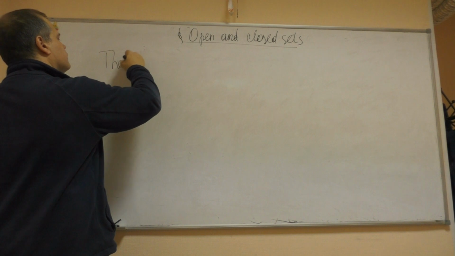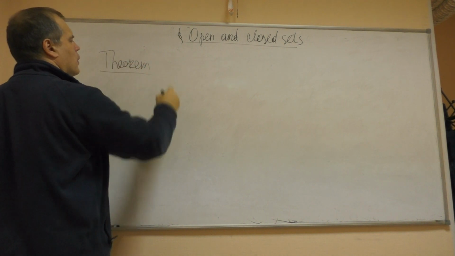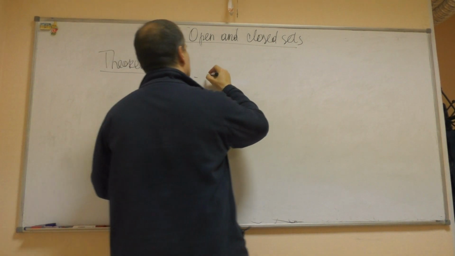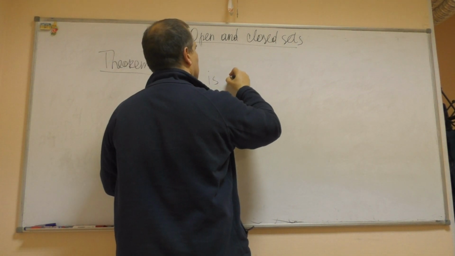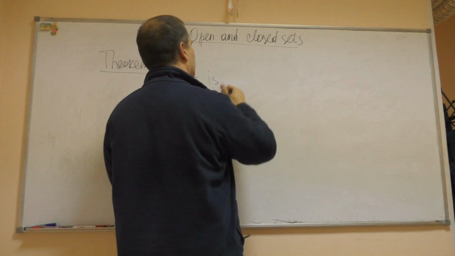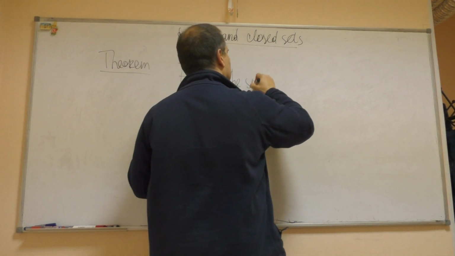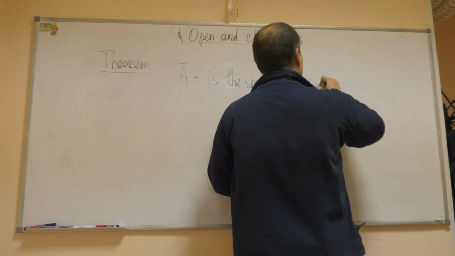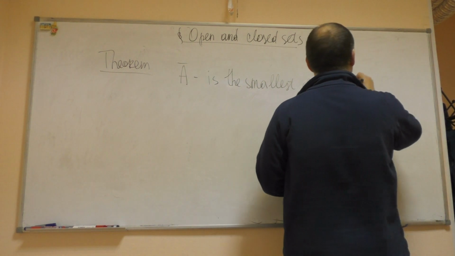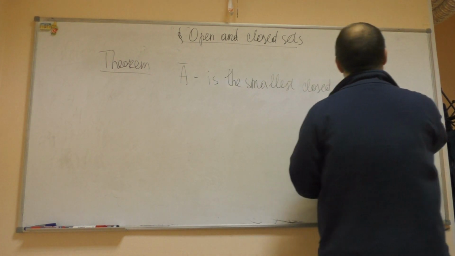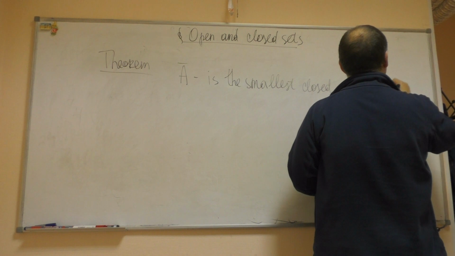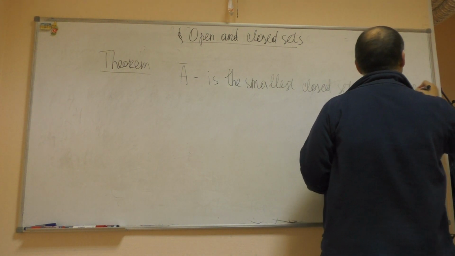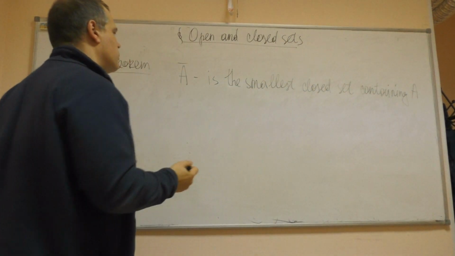Theorem about the closure. The closure of A is the smallest closed set containing A. What does it mean?